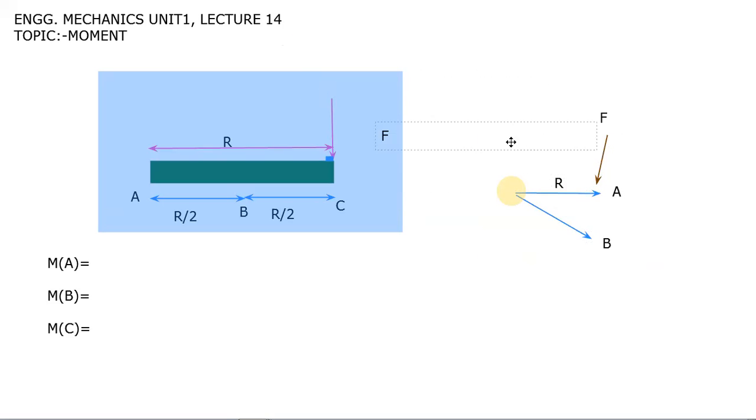A force is applied at point C in the left diagram, and you are calculating its effect at point A. You are calculating the moment at point A. So you have to consider only the distance from the line of action of the force to that particular point, and that distance must be perpendicular.